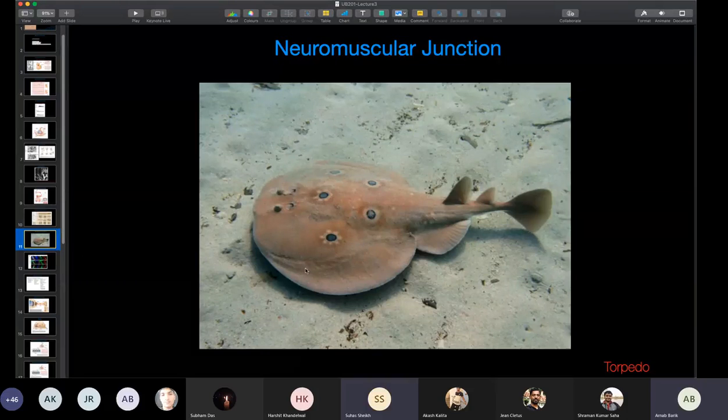Since there are hundreds of thousands and millions of neuromuscular junctions in a very small, intense organ, if you want to study what the molecules at synapses or neuromuscular junctions are, it would be better to just isolate that and study it.